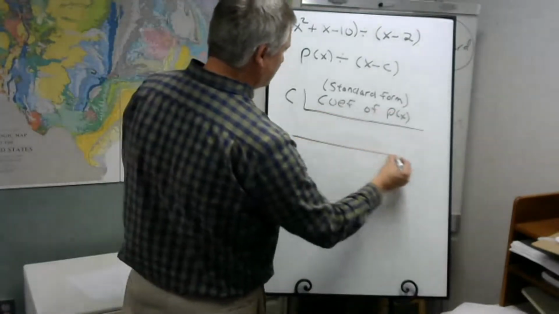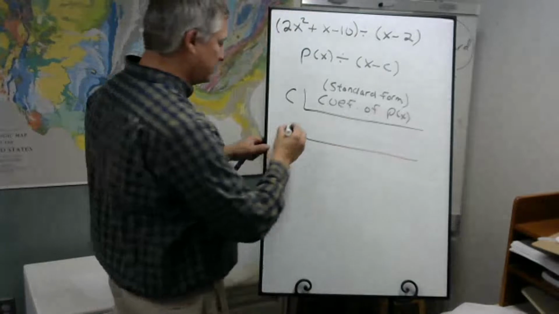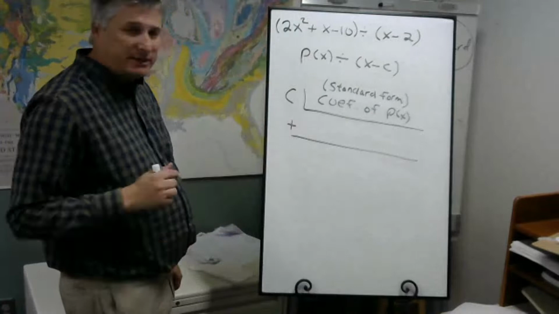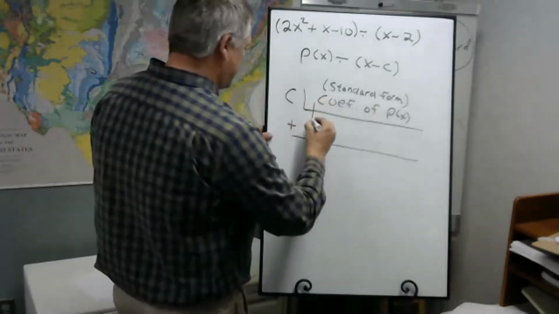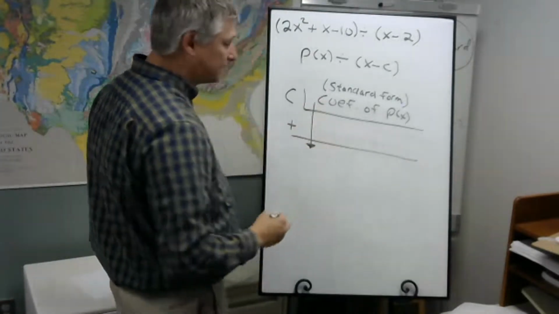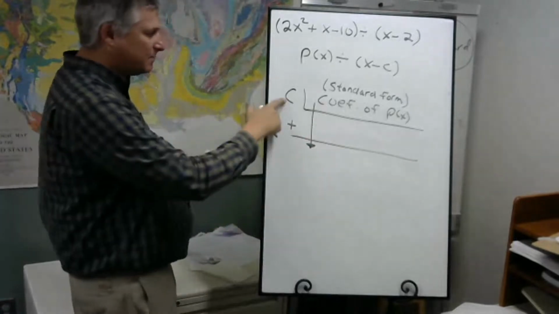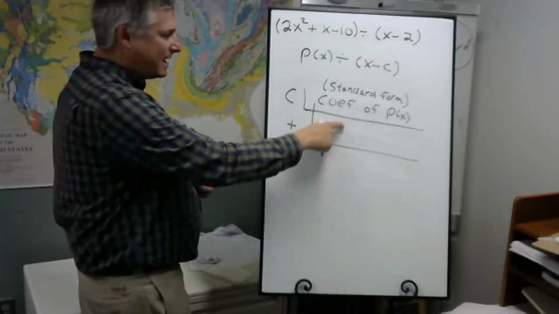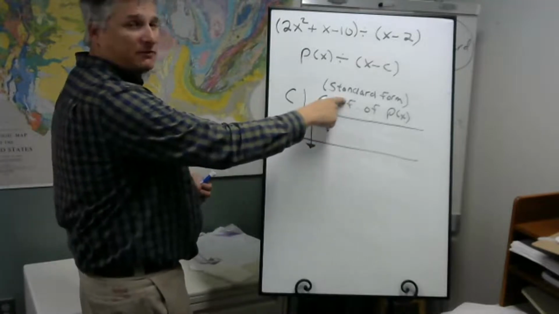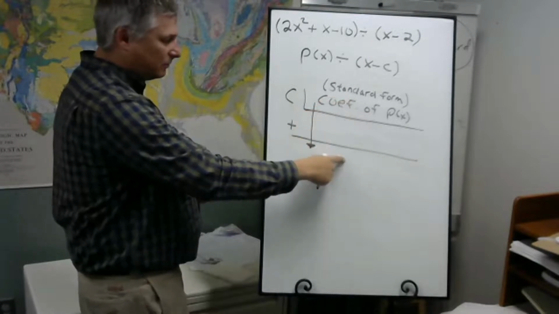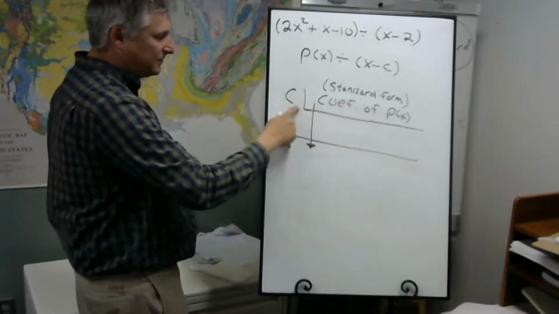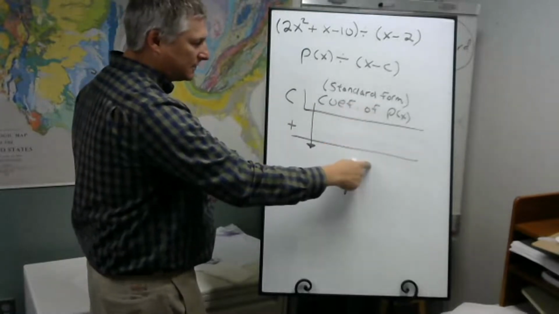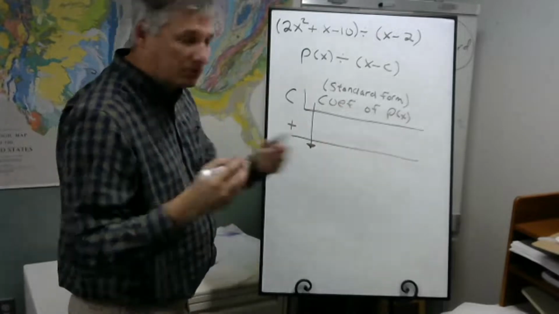You're going to draw a line, and instead of subtracting, like we do in long division, we're going to add. We're going to bring down the first term. It just drops down. Then we multiply everything by c, put the product here, add it to the coefficient of p of x, and get a number. Multiply this number by c, put in the product, add it to a coefficient, get the sum, and continue. And I'll go through the steps.